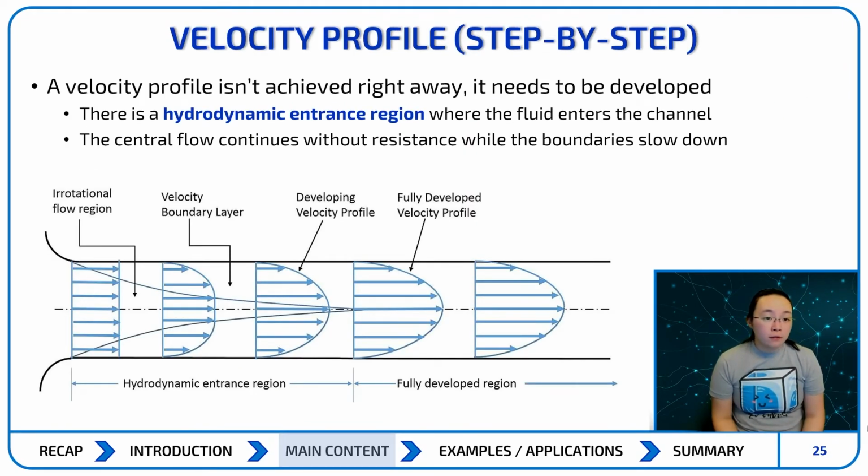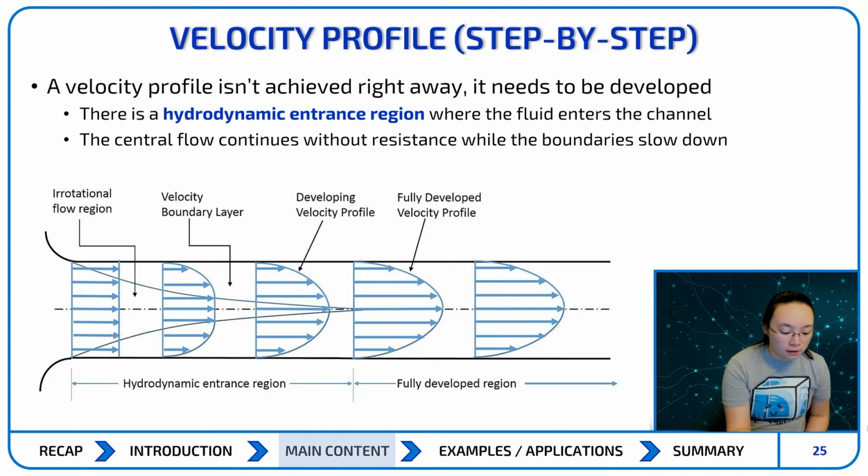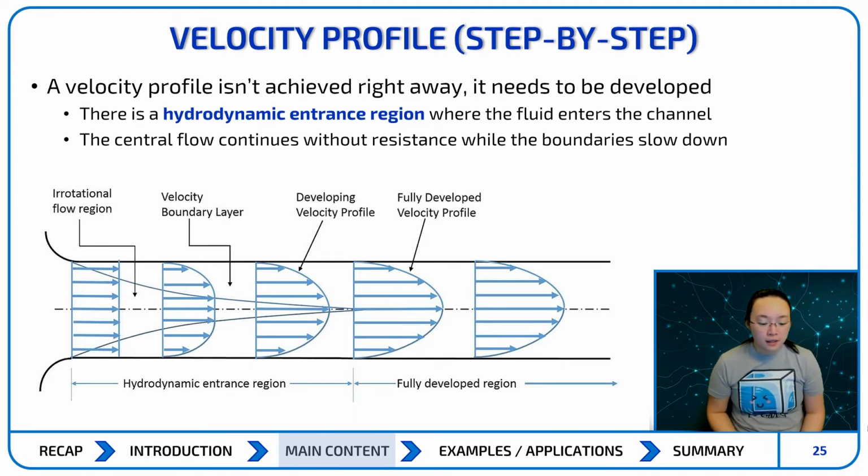Taking a look at the velocity profile diagram that we presented before, I'm going to go through a step-by-step explanation of this now. A velocity profile isn't going to be achieved right away. It's not like a fluid enters a tube and immediately achieves this perfect parabolic shape. There is a hydrodynamic entrance region that we call the first part of this, and this is where the fluid enters the channel.